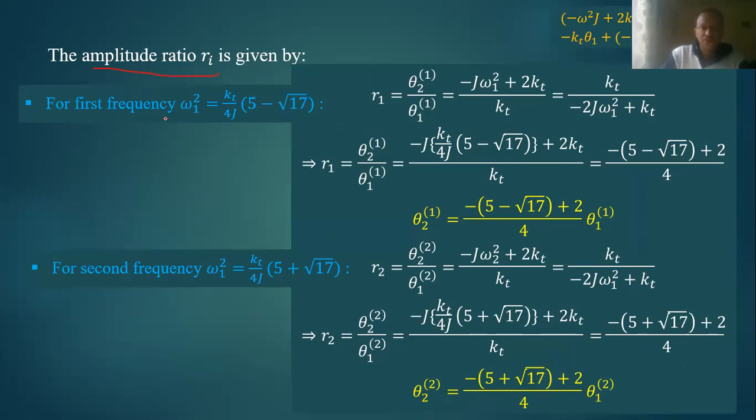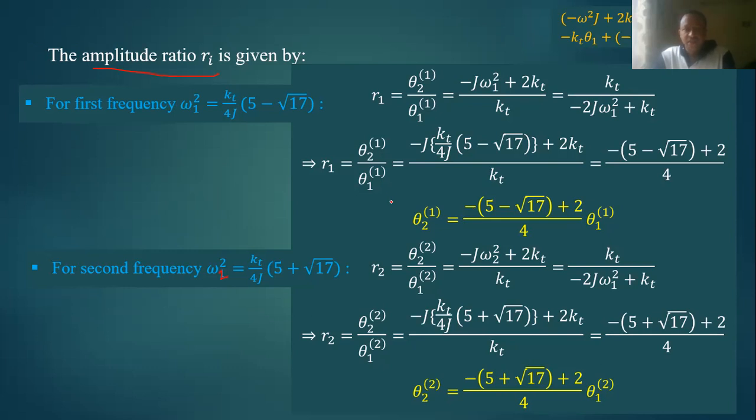Okay, so once we get these two frequencies, we determine the amplitude ratios in the first mode and second mode. So in the first frequency, omega 1 square, and in the second frequency, omega 2 square, just substituting in this, we get the ratio θ2 of 1 over θ1 of 1, R1, is equal to minus of 5 minus radical 17 plus 2 over 4.